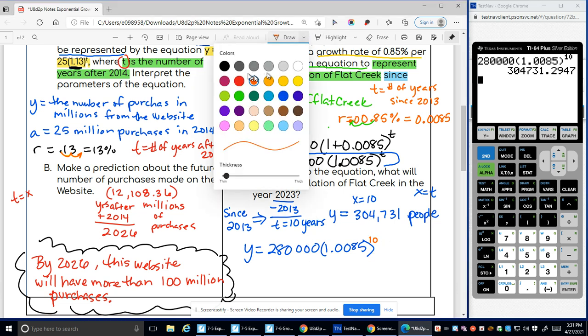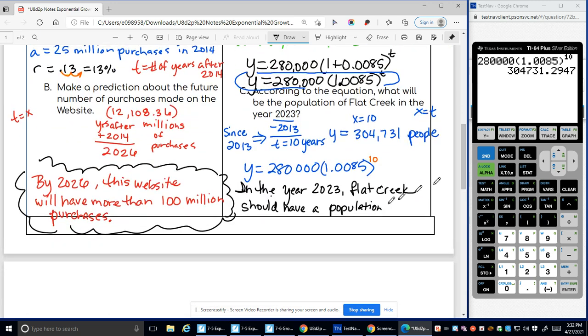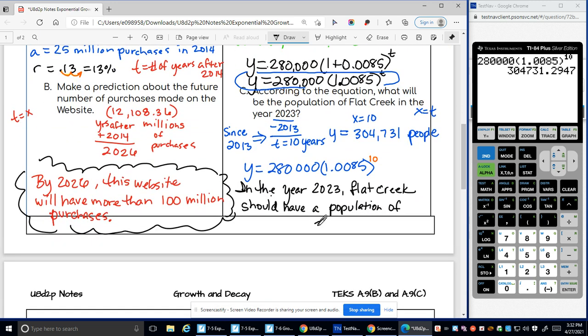So my formal answer would be, in the year 2023, Flat Creek should have a population of 304,000.